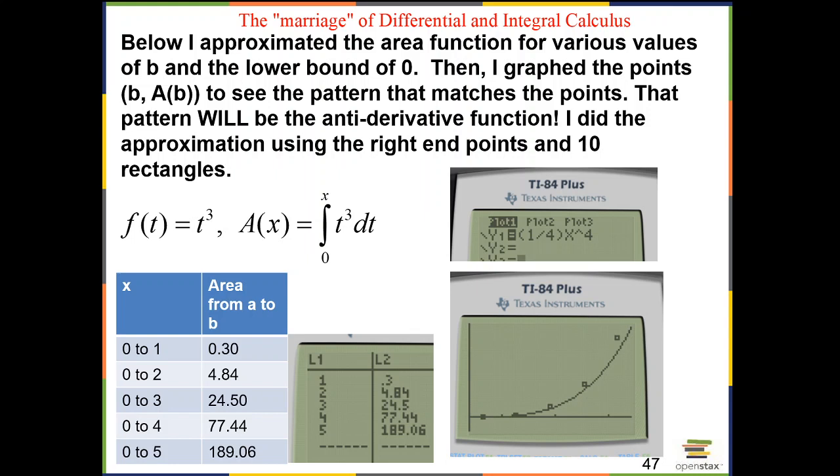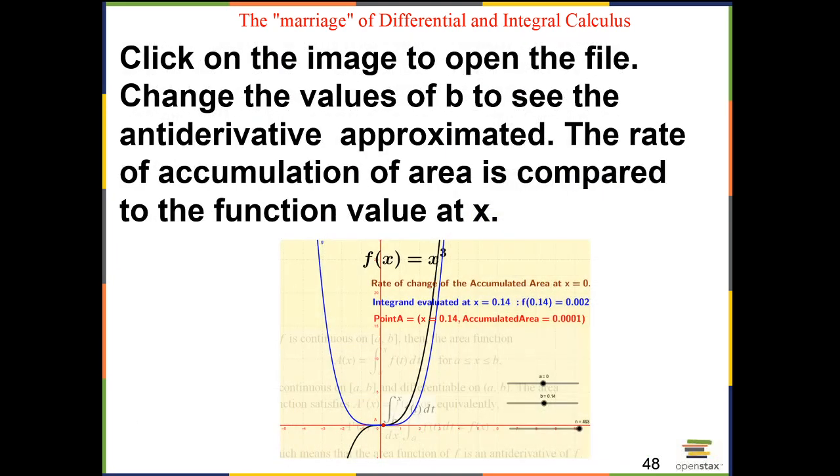All right, so that's the idea of the area function. Now, the fundamental theorem of calculus part 1 says that the rate of change... and here in the notes, you can click on this. Let me click on it, and you can do exactly what I just did.